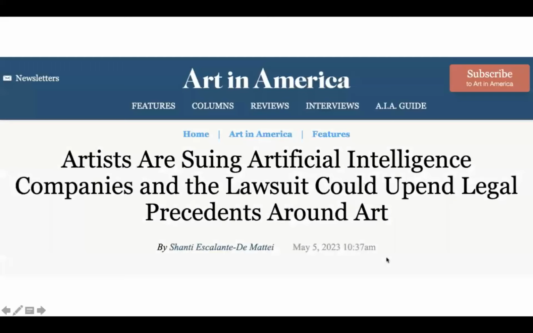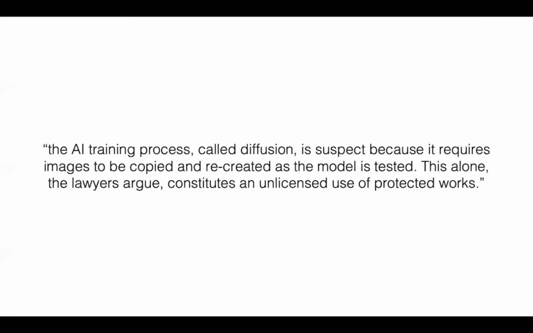And you heard in the news about lawsuits against companies like Stable Diffusion and Midjourney, where artists are suing them for copyright infringement. From this article in Art in America, I'm quoting here: the training process, which is diffusion, is suspect because it requires images to be copied and recreated as the model is tested. This alone, the lawyers argue, constitutes an unlicensed use of protected works.